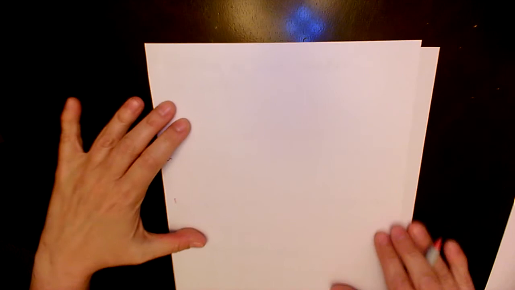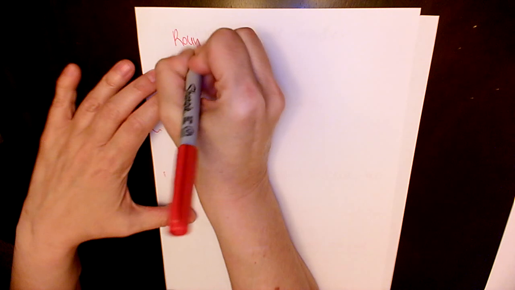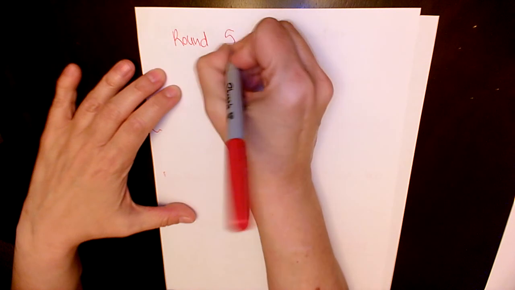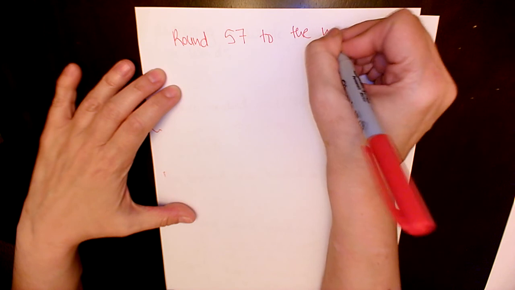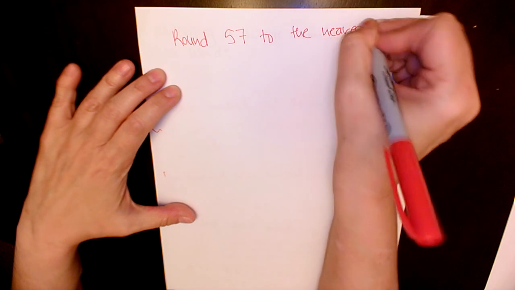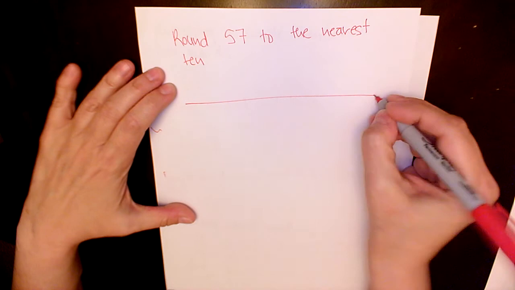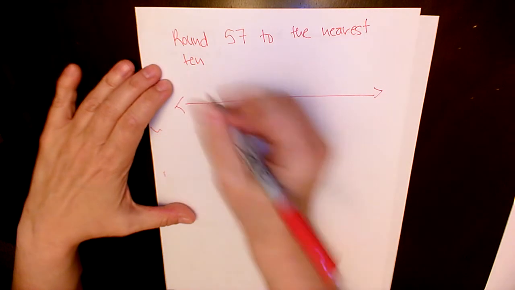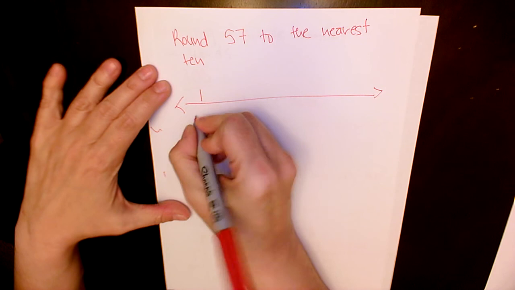So we want to round 57. 57 falls between which two 10s?